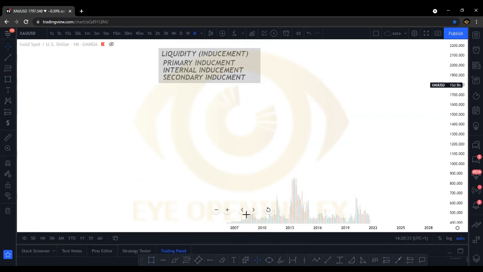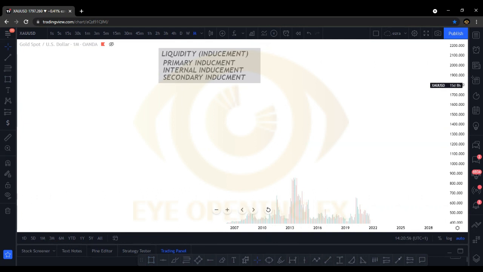Now we define what we call primary point of interest and how it's formed. A primary point of interest, according to our primary zone, is the first area of BMS that the market shows before giving any move, either buy or sell. Same as primary inducement.